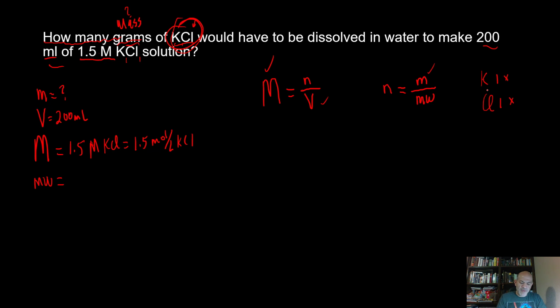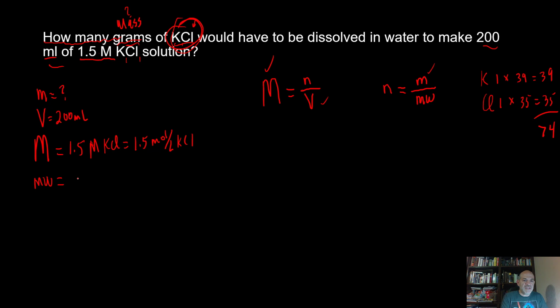So I wrote down here that potassium is 39 atomic mass units for each atom, and then chlorine is about 35. And times 1 is just, this is going to be 39, and this is going to be 35. And so then we add those, and that gives you about 74.